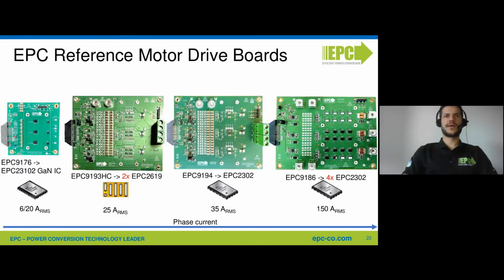While EPC 9194 is made with the QFN device, it's able to deliver up to 35 amps RMS current in steady state condition and go to even higher short-term operations. And lastly, on the right, you can see the biggest one of the reference design boards, which is made by 4 devices in parallel.